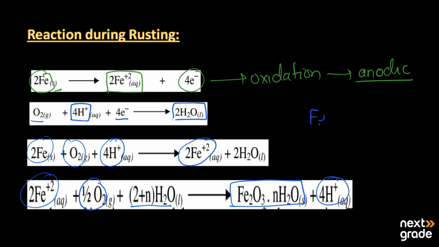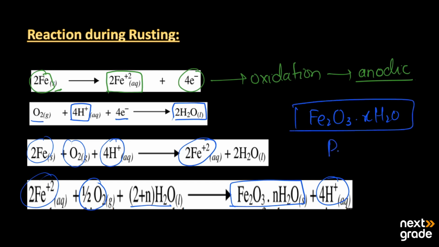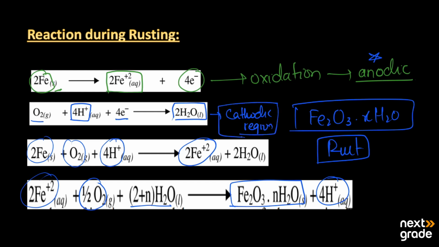This production of iron oxide, Fe2O3 dot nH2O, or we can also write it as xH2O, is the simple formula for rust formation over the surface of the metal. So one reaction happens at the anodic region, and the reduction process takes place at the cathodic region. Both the anodic and cathodic regions are responsible for the formation of rust over the surface of the metal.